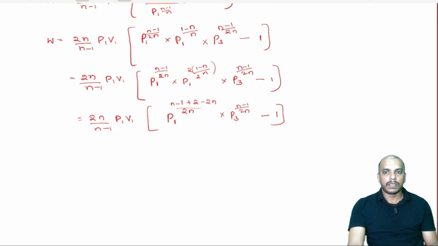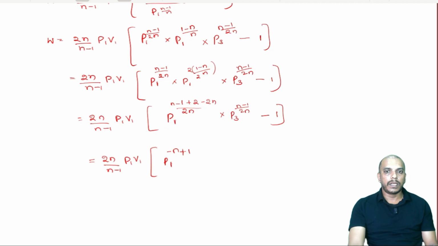Okay. Now, let us add the powers. So, 2n by n minus 1 P1 V1. Now, what will we get? P1 power, this 2 minus 1 is 1, 2 minus 1 is 1, and minus 2n plus n, so minus n.